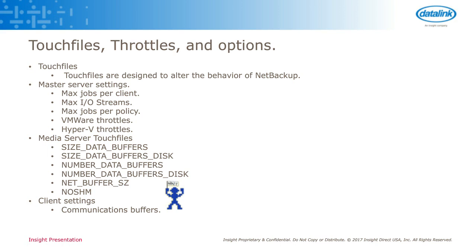These are within the GUI, where you can alter how many streams of data from a client, how many streams go to a specific disk pool, and how many jobs you want to go active from a specific policy if you're attempting to load balance across policies. VMware throttles and Hyper-V throttles will throttle things like data stores, the number of streams from data stores, and the number of streams off a specific ESX host or Hyper-V host.